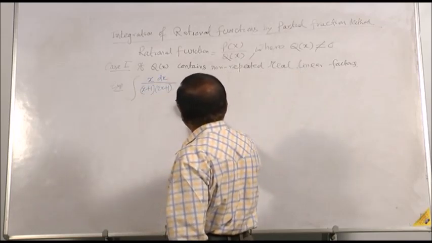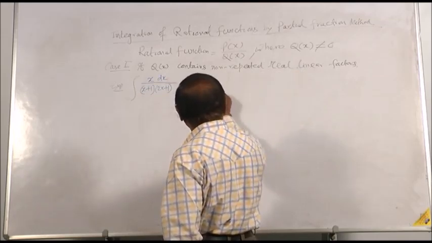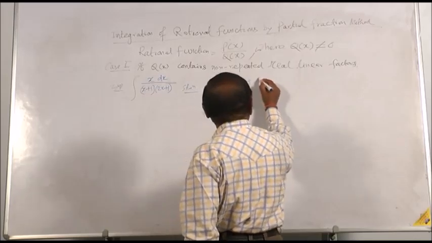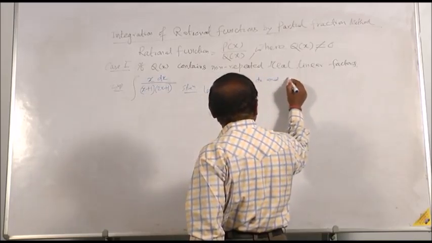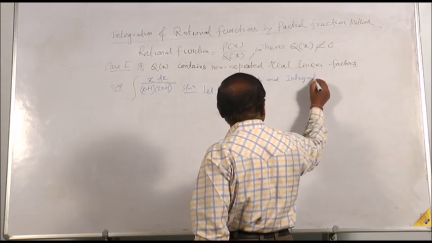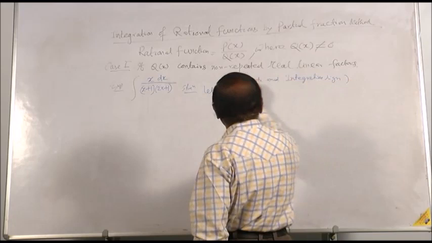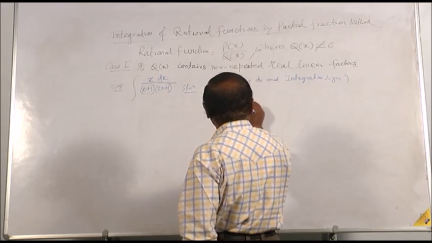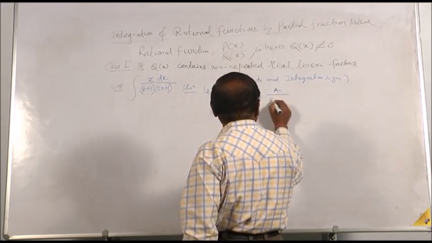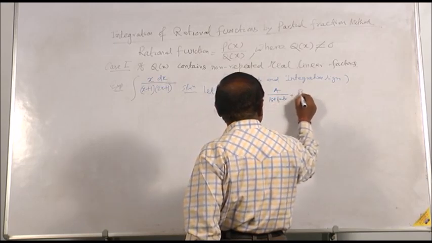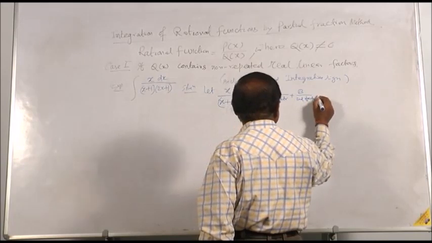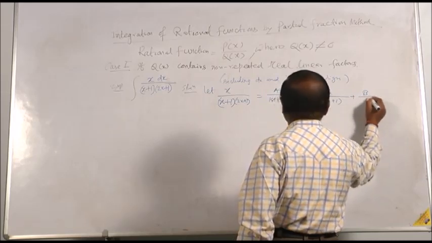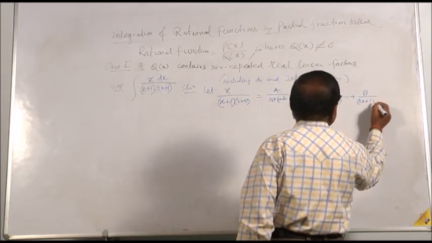Now for solving, we take this, let, excluding dx and the integration sign, whatever is there, like this: A by the first factor, B by the second factor. A by (x plus 1), B by (2x plus 1).